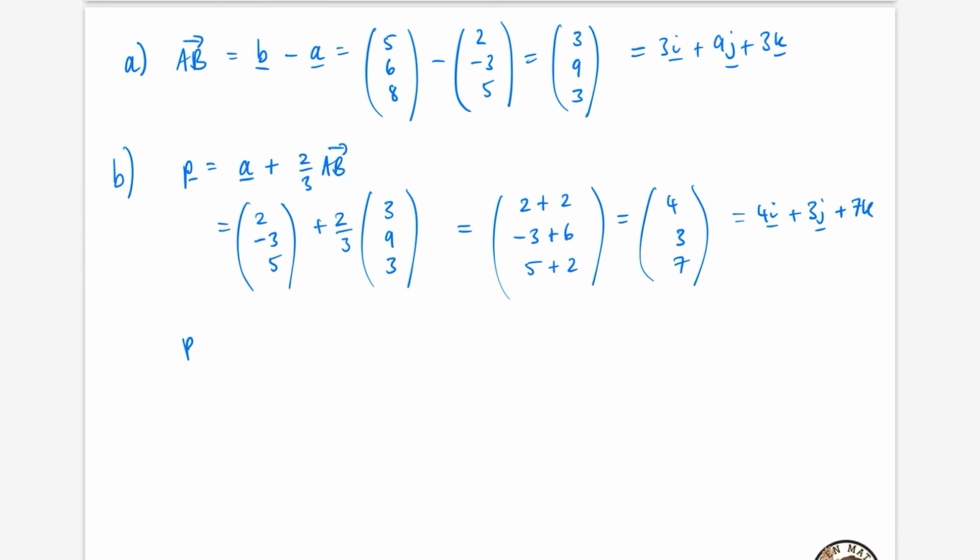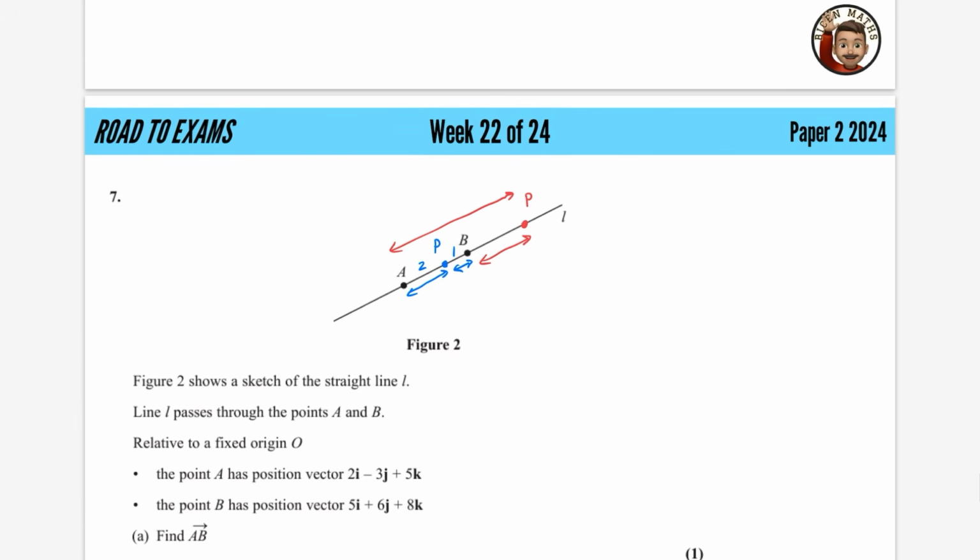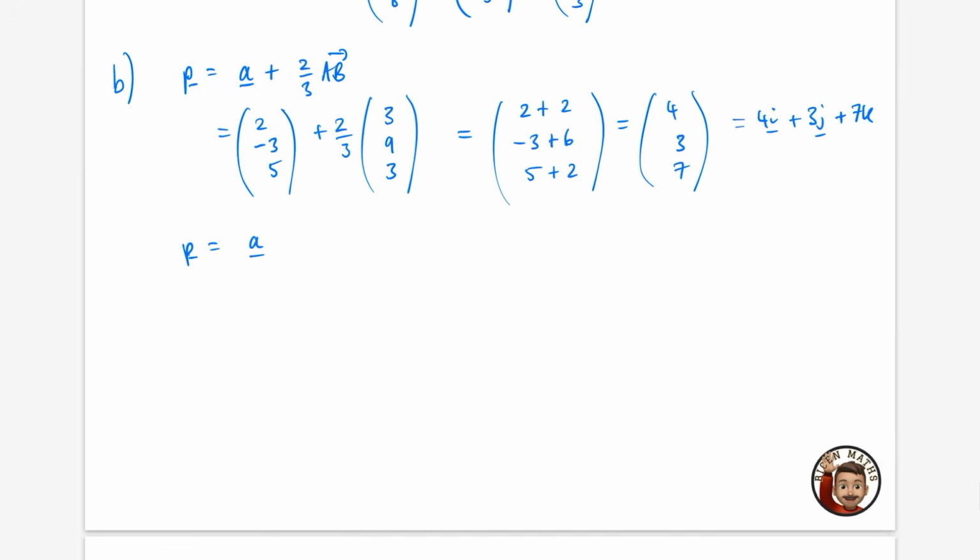And then the other way that we could get to it is we could start off at position A. And we actually now want to add on, if we think that this is double this one, start off at A and add on 2 lots of AB to get to that point. So I'm going to do this one in red so that it's the same color. So we're starting off at A, and we are adding on 2 lots of the vector AB.